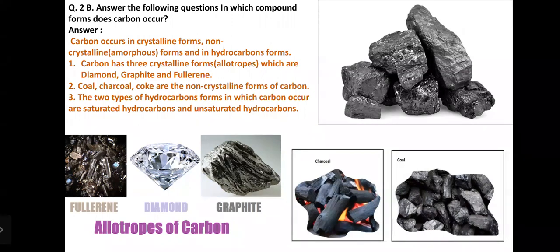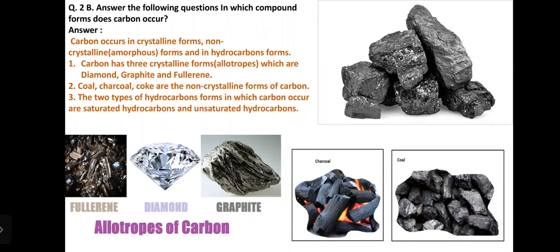Coal, charcoal, and coke are non-crystalline forms of carbon. The third is the hydrocarbon form, in which carbon occurs as saturated hydrocarbons and unsaturated hydrocarbons.